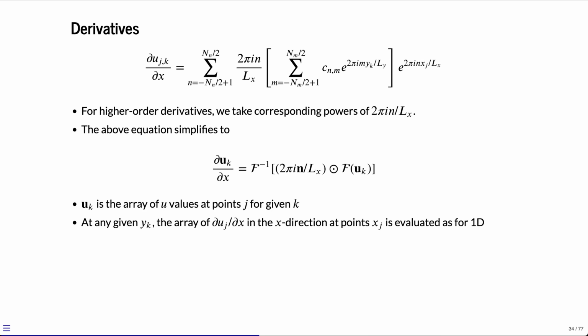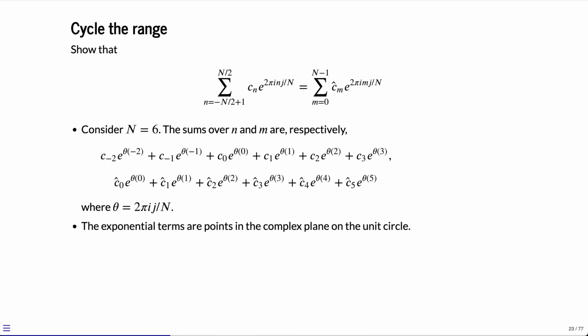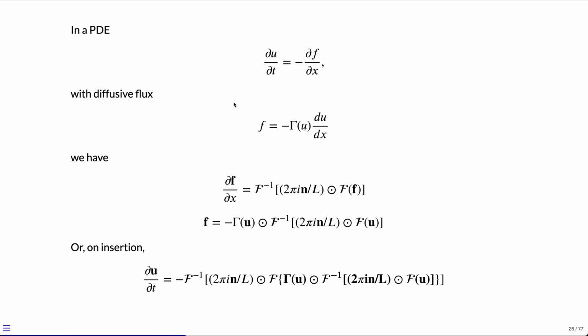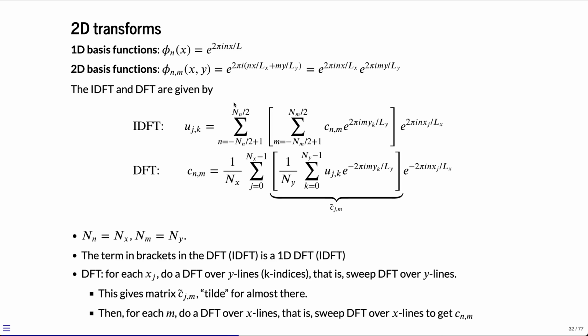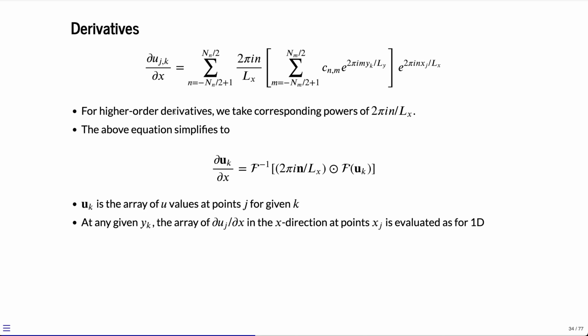The basic idea is we do something similar to what we did when we showed that the inverse was the same. So we're basically going to do a substitution. I'll just take you through that briefly. We're going to insert the 2D DFT for C_n.